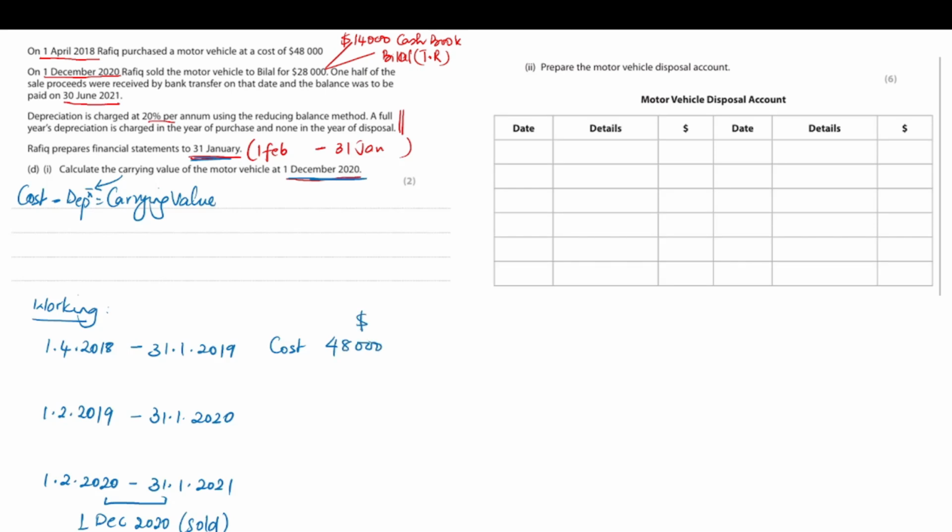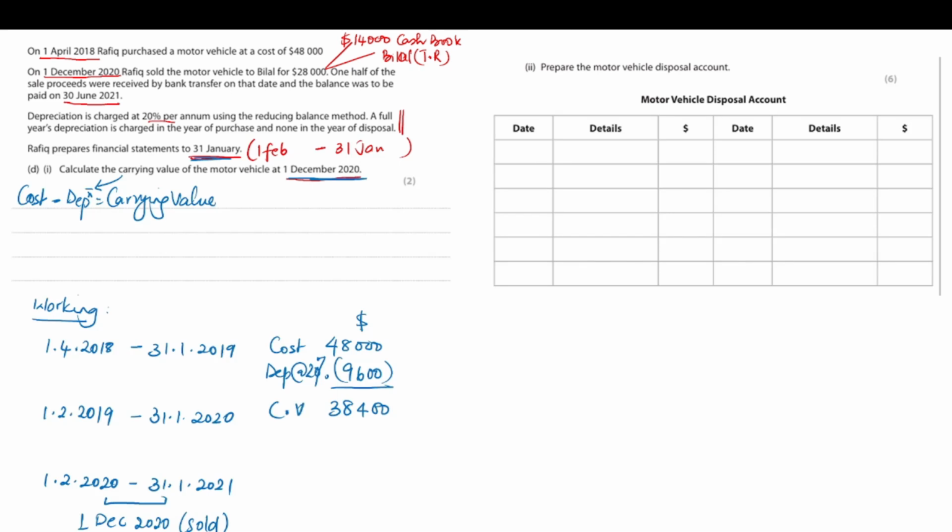And let's calculate depreciation. Depreciation at the rate of 20% comes to 48,000 into 20%, 9,600. So what is the carrying value at the end of the first year? 38,400. This is the carrying value.